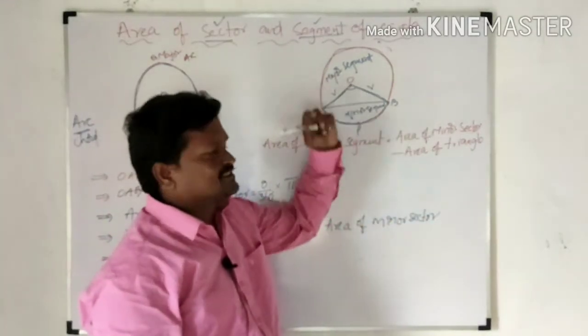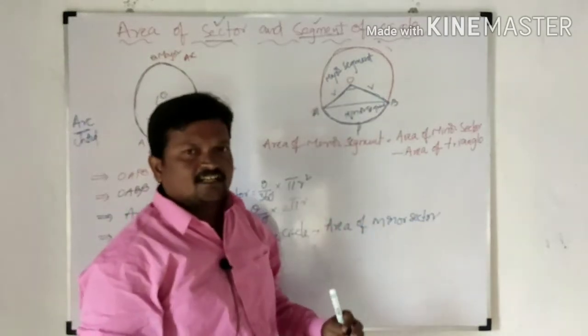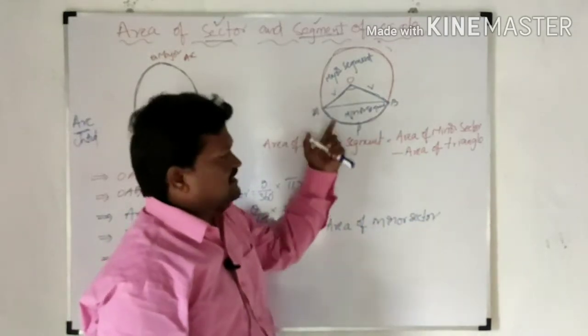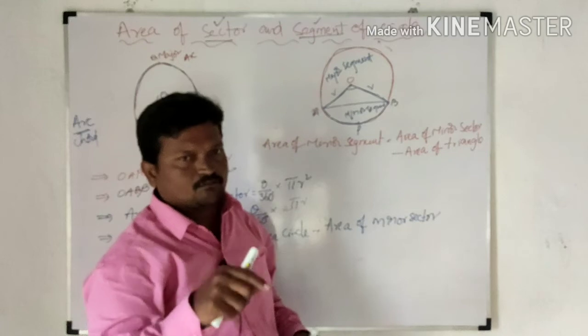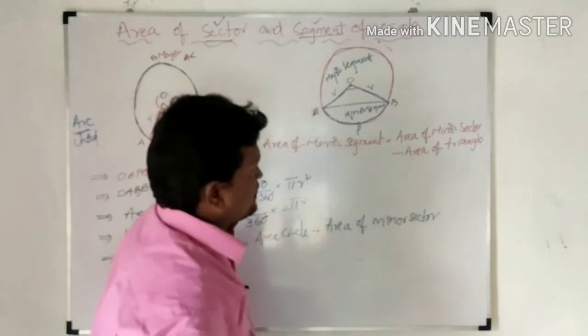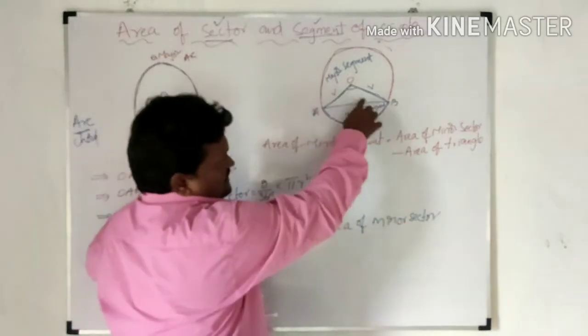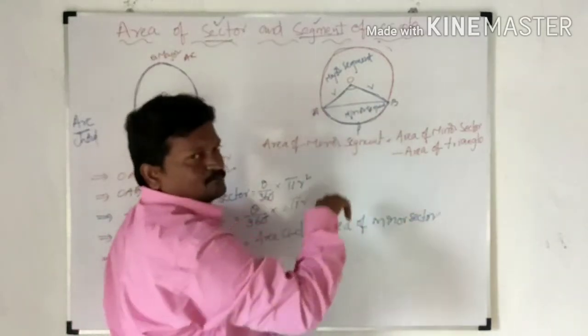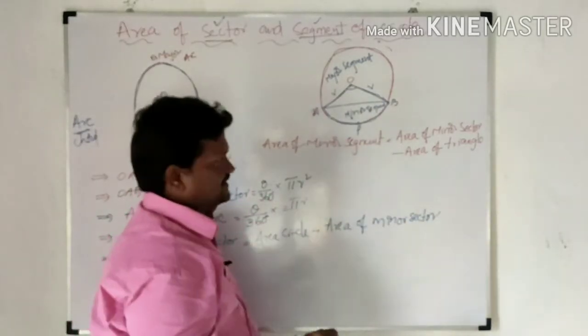For example, if it is a right angle triangle, half into base into height. If it is an equilateral triangle, we know the formula root 3 by 4 a square, like that. Here two radii in this triangle become two equal sides.